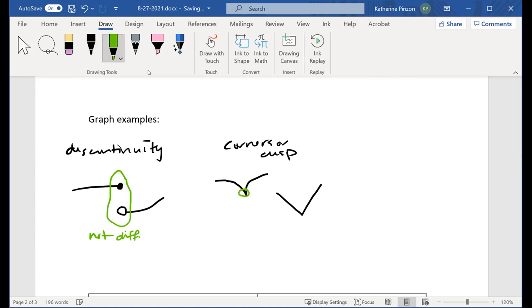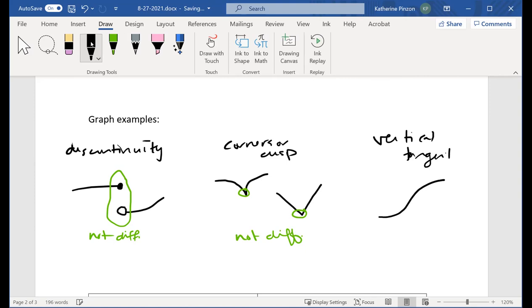Right here at these sharp points, we would say it's not differentiable. And the last one is that vertical tangent, which I drew up there. That's a terrible vertical tangent. Like that. If you were to draw a tangent line right here, you would get a vertical line. And so that's bad, not differentiable.